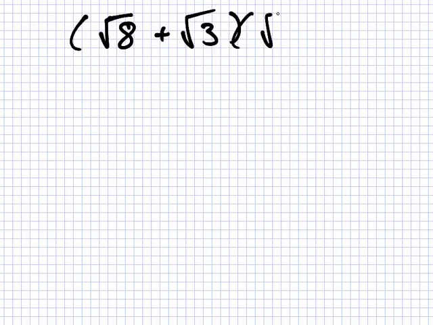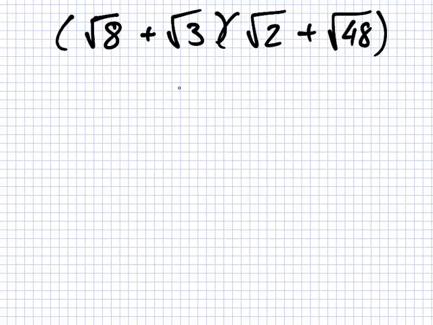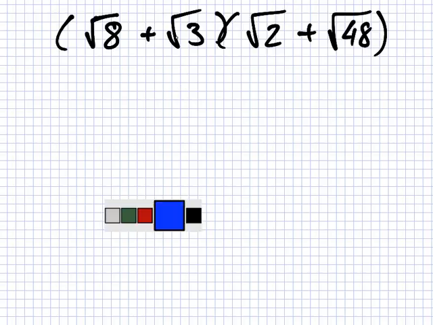Okay, so the next type will have something like this: root 8 plus root 3 times root 2 plus root 48. Right, well, we can see that there's nothing we can do here.